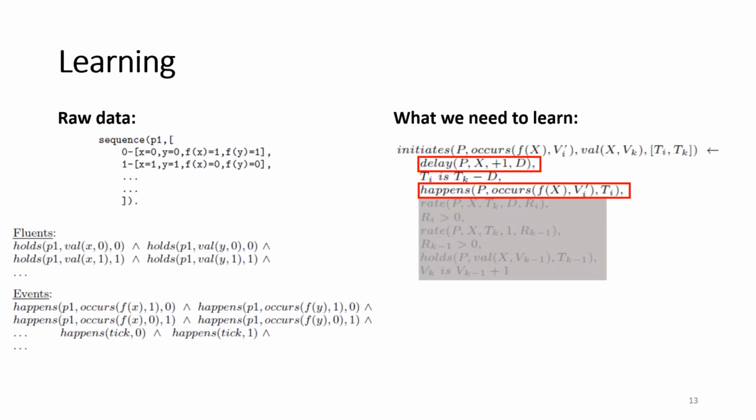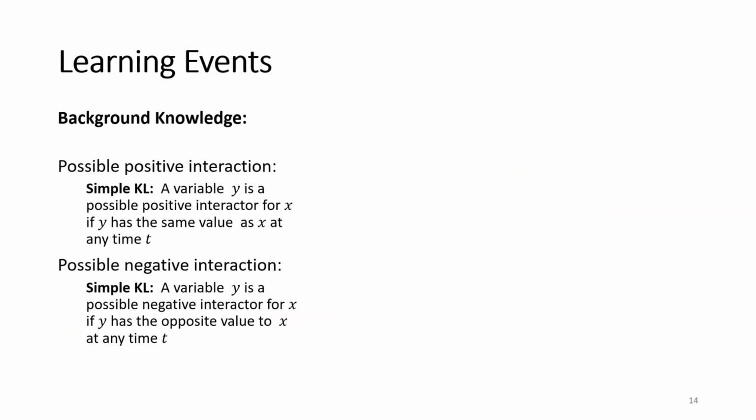Then the learning story, at the moment at least, is that we want to learn about these delay predicates, and we want to learn about these happens predicates. So the first part is learning about events, which is given.